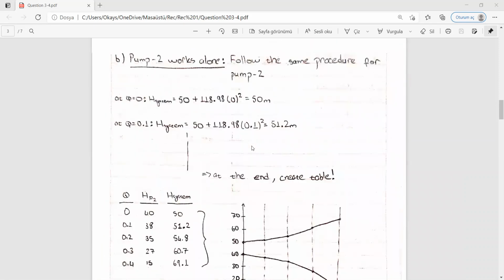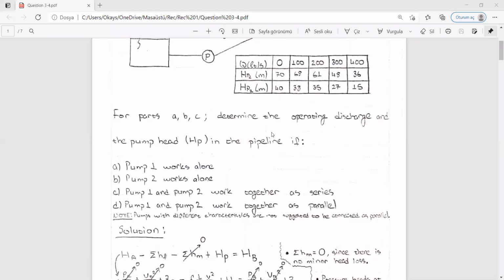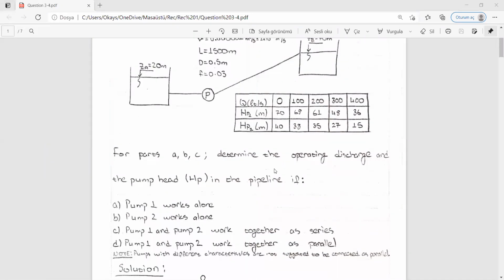Okay. Then part D: when pump 1 and pump 2 work together in parallel. In this question, as you see, we are not using identical pumps. When you don't use identical pumps, it's not really suggested, but it requires some complex calculations, and those calculations are not in the scope of this course.